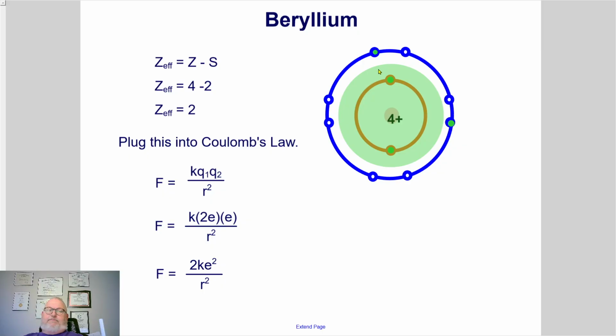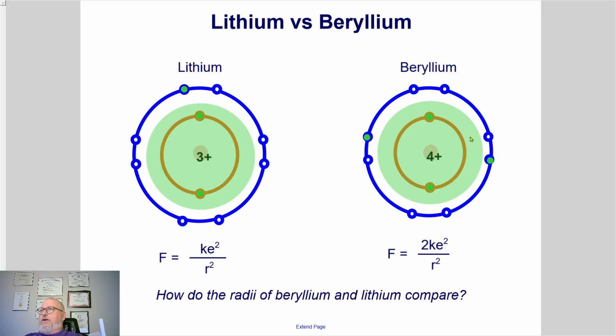So look at beryllium. It's next to lithium. It's got an atomic number of 4, 2 inner electrons. Zeff is 2. You've got a force of 2 times that of lithium. Let's compare this to lithium. The valence electrons are the same distance away. So which would have more force pulling the valence electrons in? Beryllium.